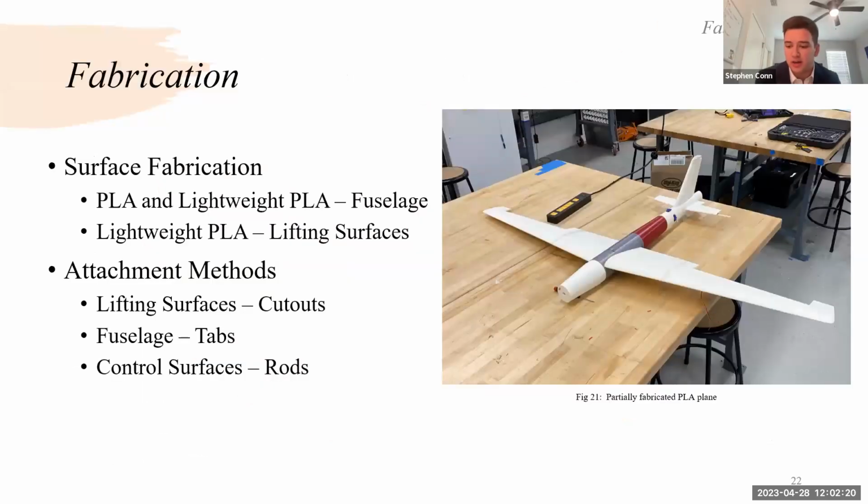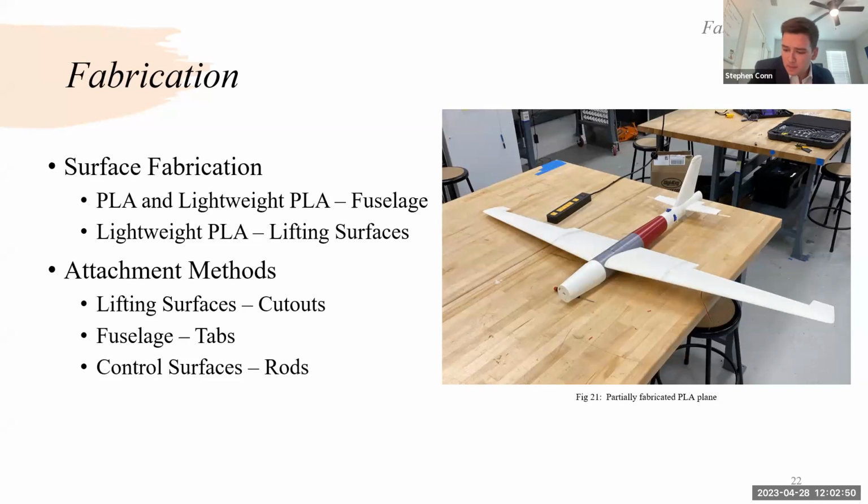So with the calculations out of the way, we were finally able to start manufacturing the aircraft. Our first iteration used a combination of lightweight and normal PLA for the fuselage. The normal PLA was used in places of high stress concentrations, like where the wing cutout was. Similarly, all the lifting surfaces were also made out of lightweight PLA, and they were attached to the fuselage via cutouts and epoxy.